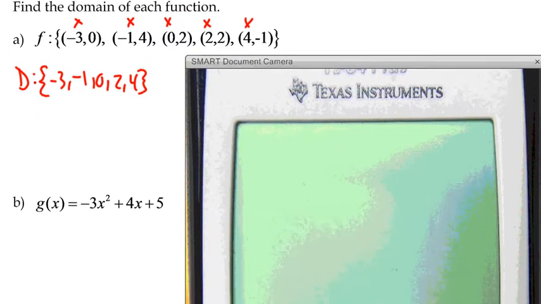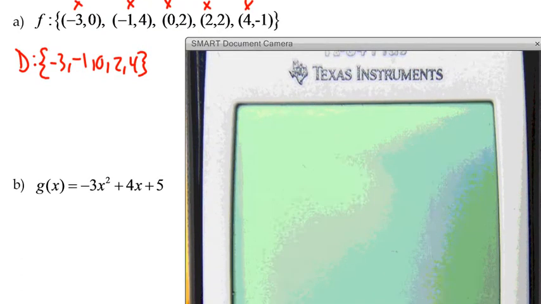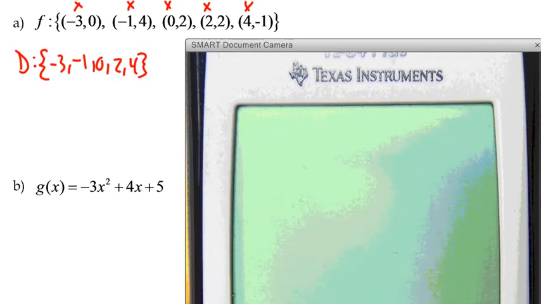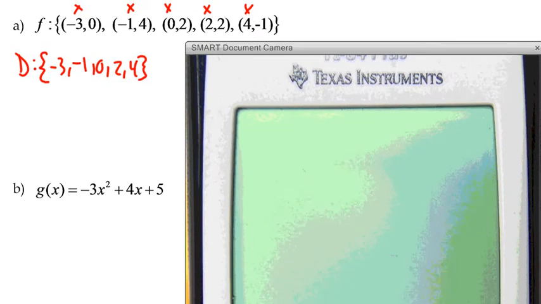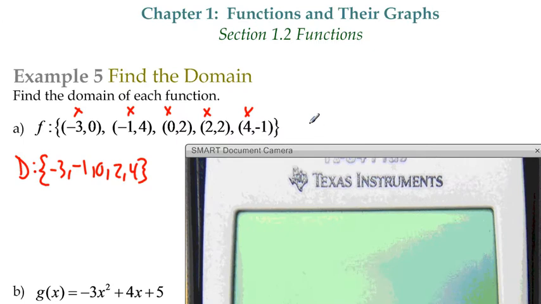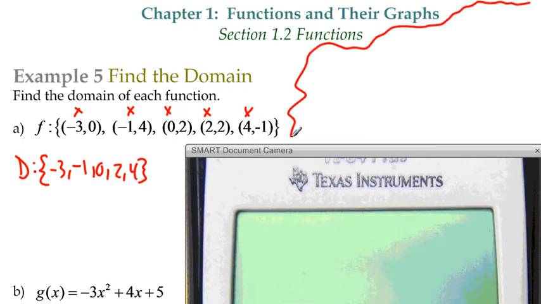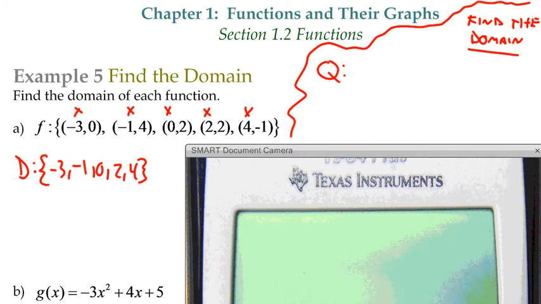Now, for the rest of these, for part B through E, it's not going to be maybe as apparent. So what I want to do is this. Anytime that you want to try to find the domain, and now you're given some kind of an equation, all you need to do is ask yourself this one question, okay?